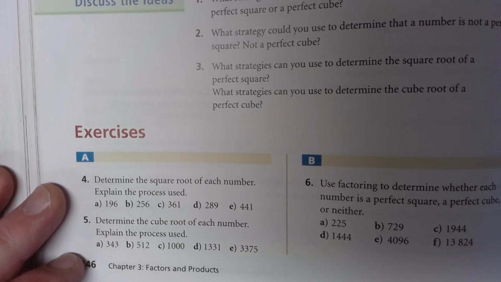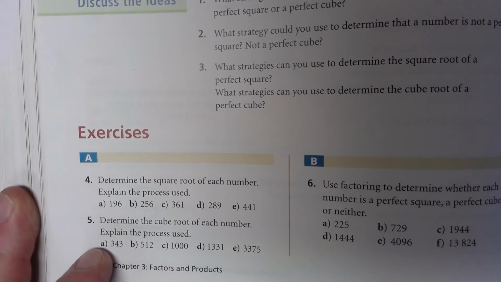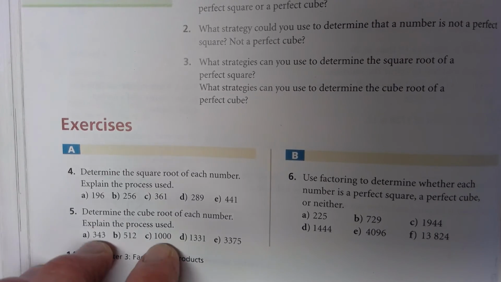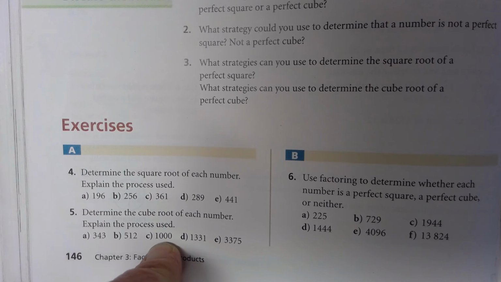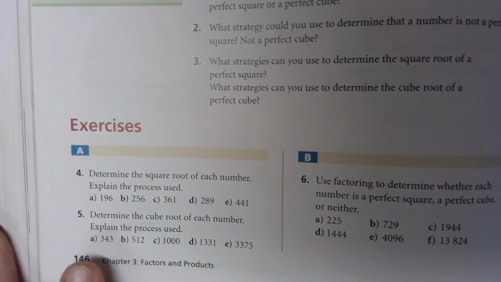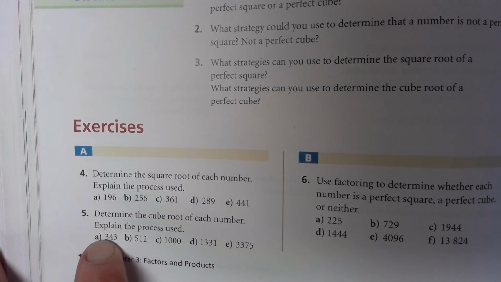Okay? Cube roots. Find 3 numbers that multiply to make these numbers. Oh, I hope no one loses over 1,000 because that's a bit of a gimme to get that one. Yeah, 10 times 10 times 10, right? But again, think logically. 343.